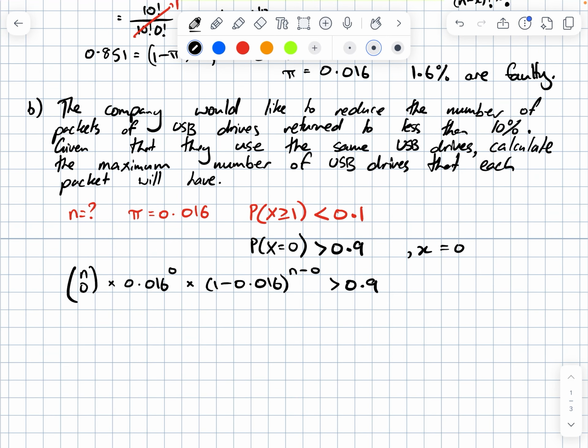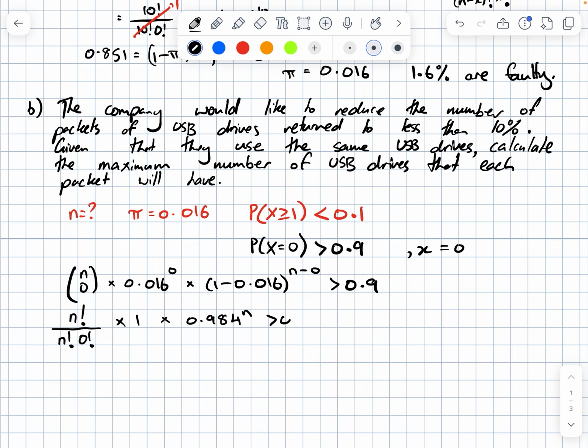Because we have n in our combinations part, we can't use our calculator, we have to use the formula. So that's n factorial over n minus 0 factorial, which is just n factorial, times 0 factorial, times 1, and 1 minus 0.016 is 0.984, to the power of n.